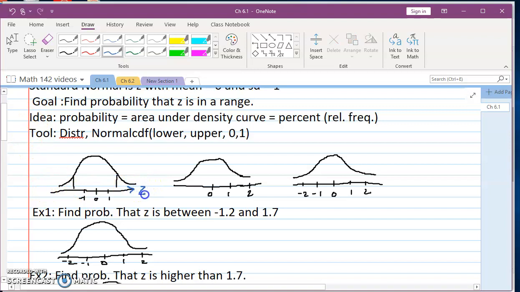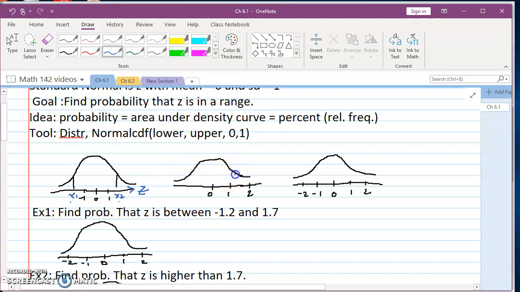This is the Z axis, this is the bell curve of Z, and that's the area. So if I have x1 and x2, our lower and upper will be x1 and x2. This is the lower, this is the upper.